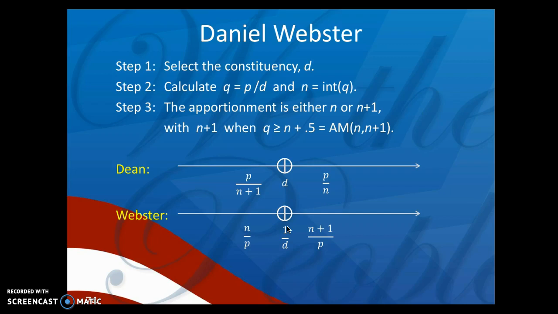Daniel Webster was a consummate statesman. He was a lifelong politician, and he proposed a simple mathematical formula or calculation to create the apportionment method. And he was completely, as far as we know, unaware of the political implications of his method.